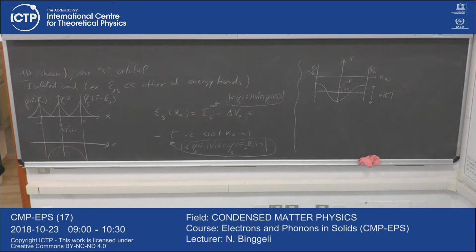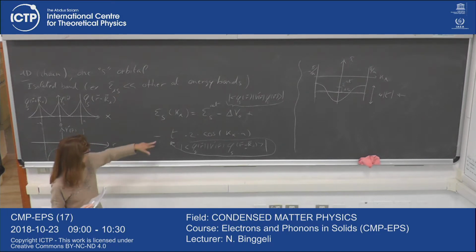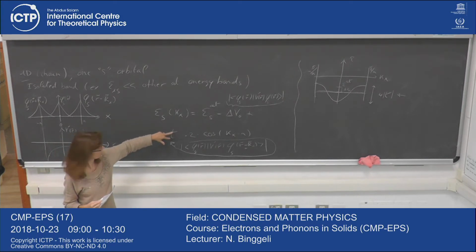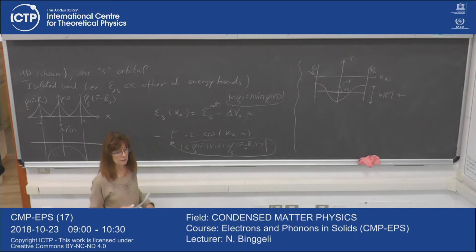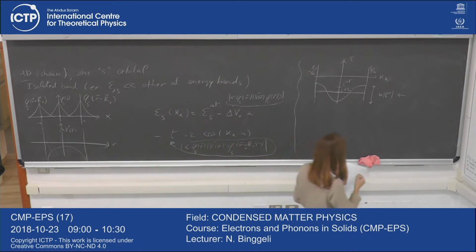Okay? So this width of the band is measuring the interaction between the first nearest neighbors, that is, this t is the interaction between the first nearest neighbors.